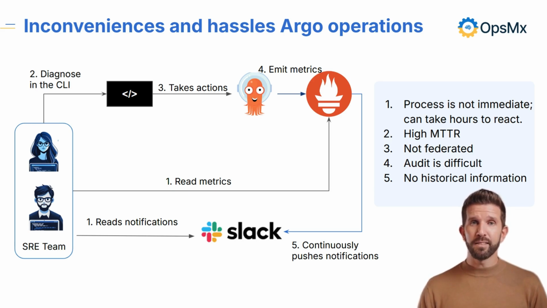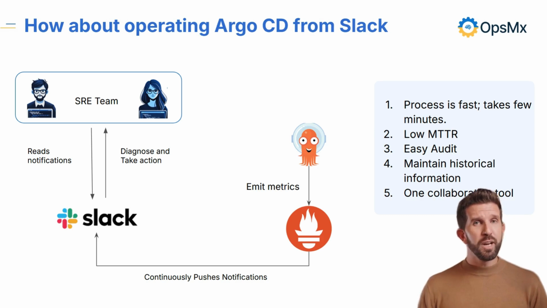On the other hand, imagine a faster, smoother workflow that cuts down these delays, keeps track of everything, and makes team troubleshooting a breeze. Imagine running Argo CD straight from Slack, your go-to chat tool. This slide shows how you can fire off commands, catch real-time alerts, and interact with the system without ever leaving Slack. It means quicker responses and hassle-free troubleshooting, keeping everything smooth and intuitive.